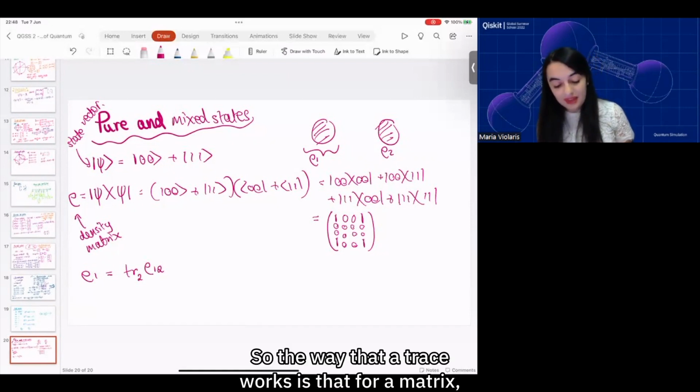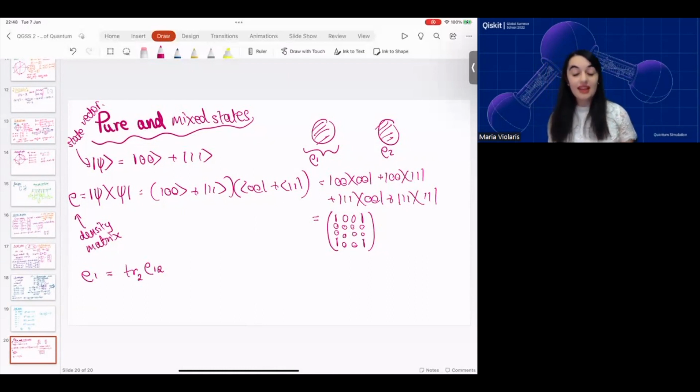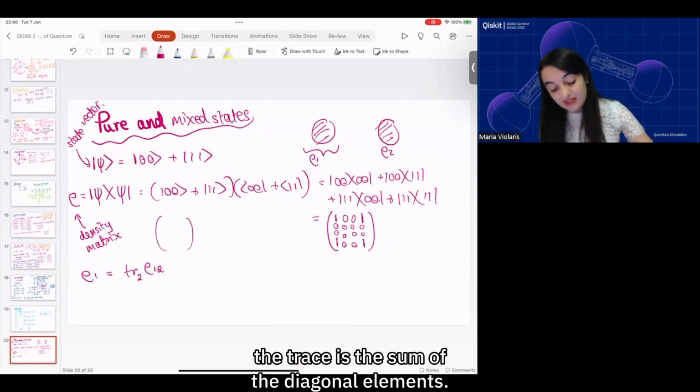The way that a trace works is that for a matrix, the trace is the sum of the diagonal elements.